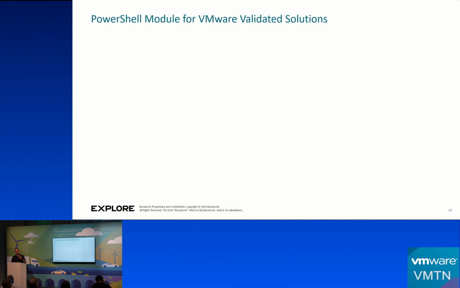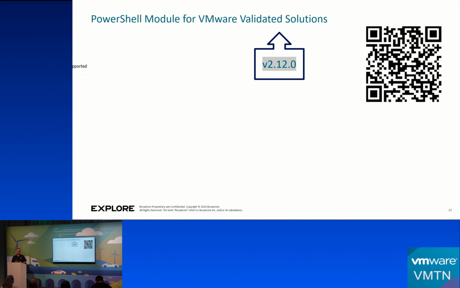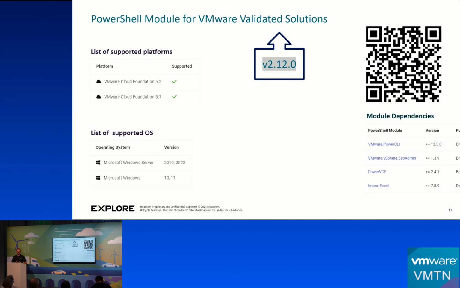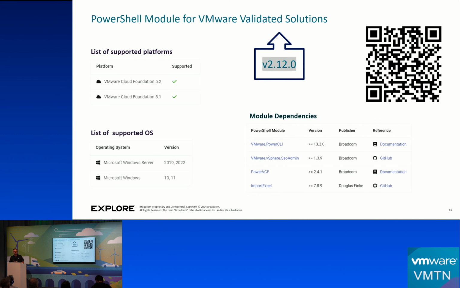SDDC Manager automates the implementation tasks for some design decisions. But for the rest, we must perform our implementation manually. So in order to provide faster and easier ways to automate all those designs, there are Microsoft PowerShell command lines using an open source module in order to complete those procedures.